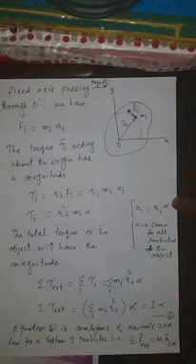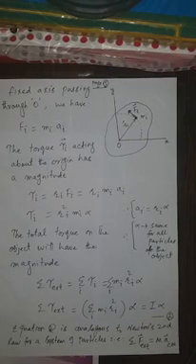We see that angular speed omega and angular acceleration alpha for all the constituent particles of a rigid object are the same.